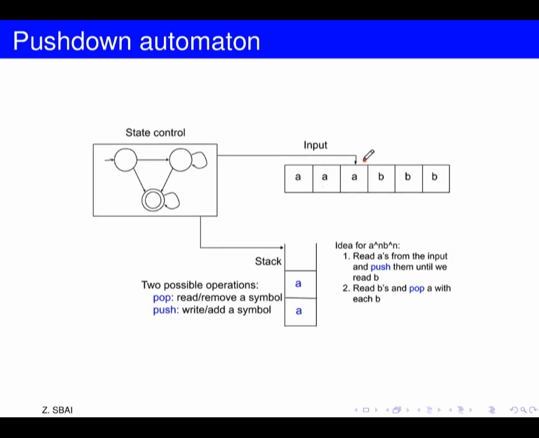Then we find another A, and also push it. Now, since we see B in the input, this B corresponds to the A on top of the stack, so the operation here will be pop. With the second B we also pop the symbol A from the top of the stack, and with the third B we also pop the symbol A from the stack.